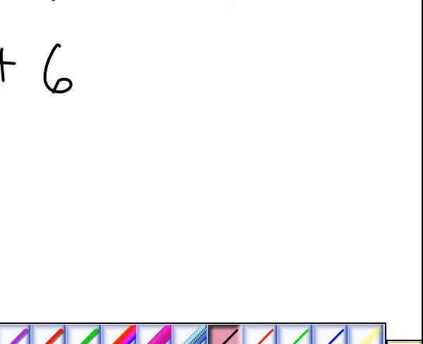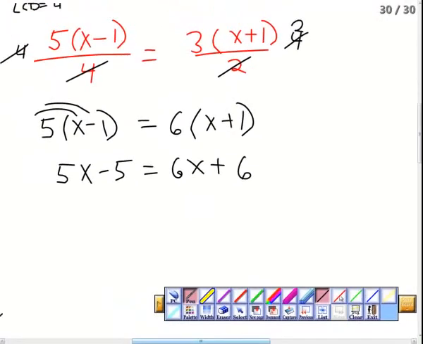So I see a couple of people are still working, so I'll let you guys catch up. All right. So I would go ahead and apply minus 5x, and we get negative 5 equals 1x plus 6, and then we apply minus 6.